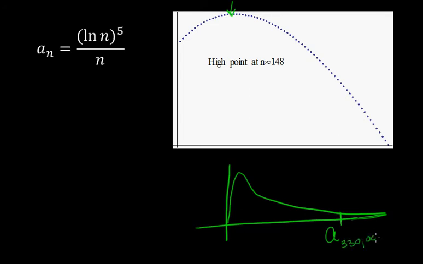So it's way out there that the terms of the sequence get close to 0. And although this is not a monotone decreasing sequence, we could say that it is eventually decreasing.